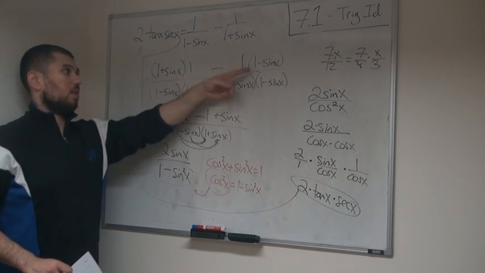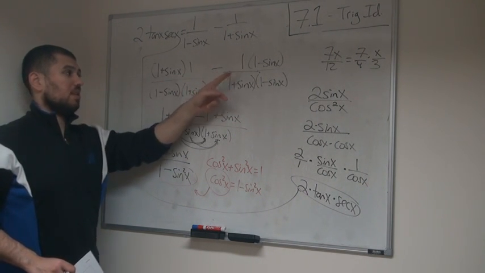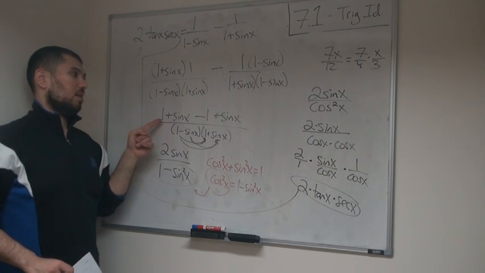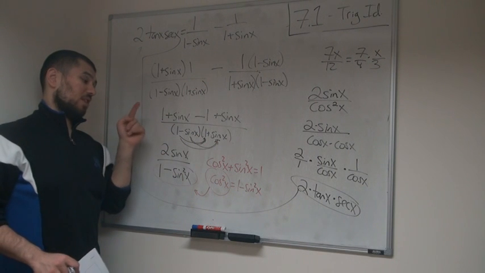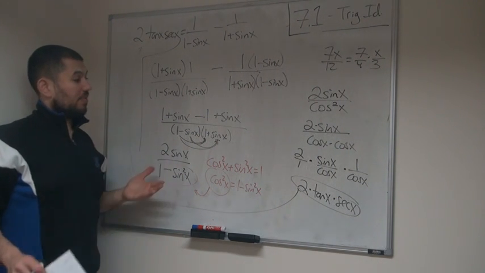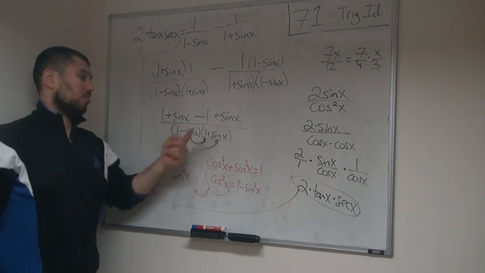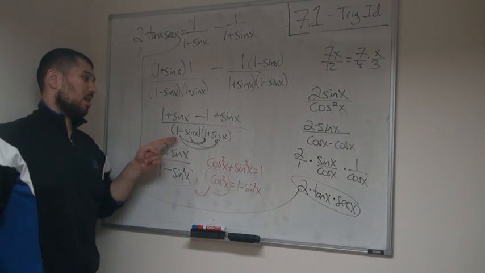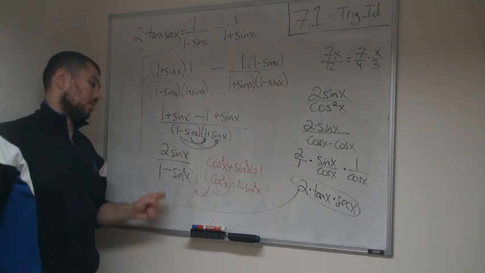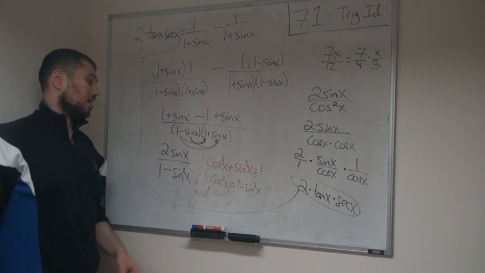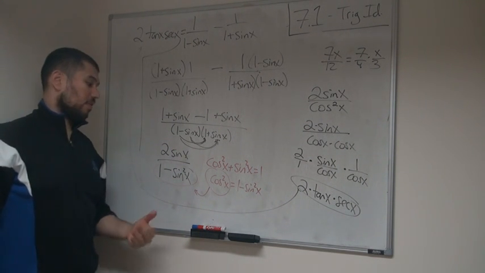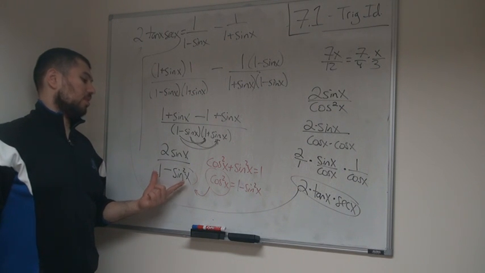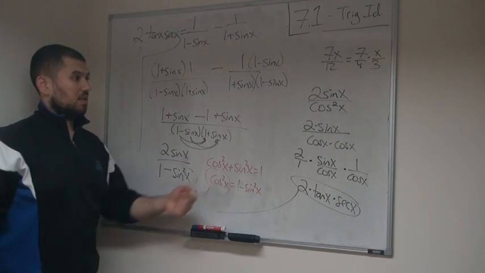Well, I multiplied by 1, I multiplied by 1, and I subtracted to get one numerator and over the same LCD. So now I have one fraction. Now I want to simplify the fraction. So I add the like terms in the numerator to get 2 sine x. I FOIL out the denominator to get 1 minus sine squared x. I notice that this doesn't equal that. I got to work further. Well, this can be replaced via Pythagorean identity. You get here.